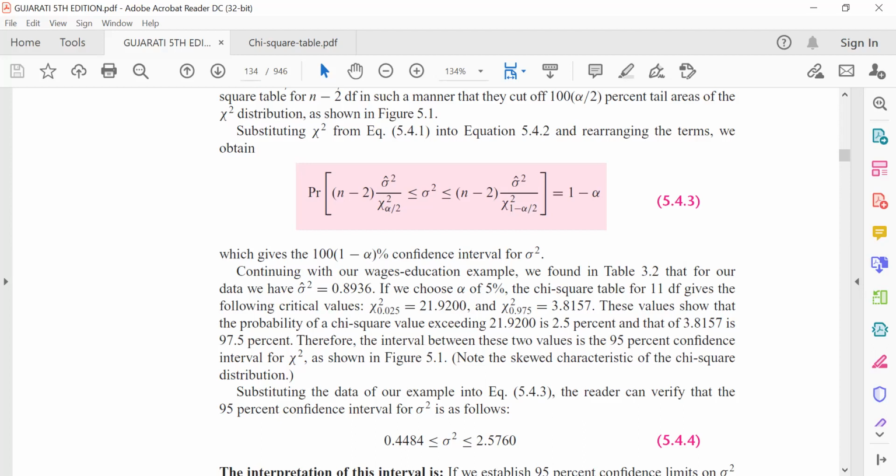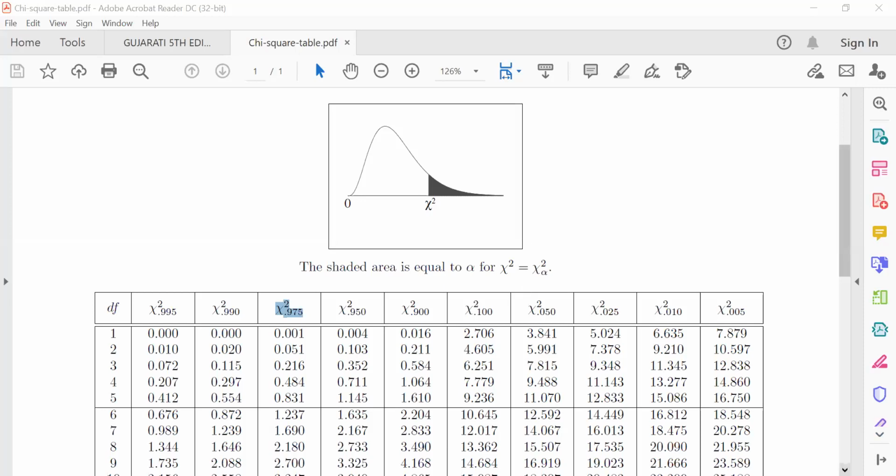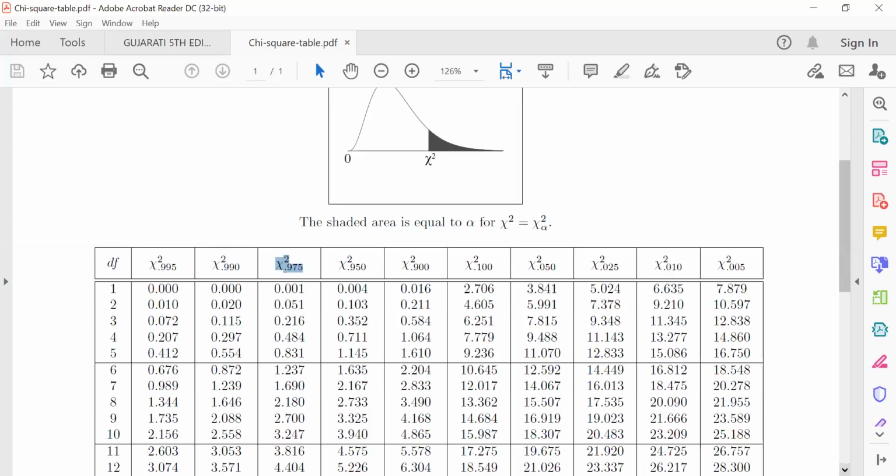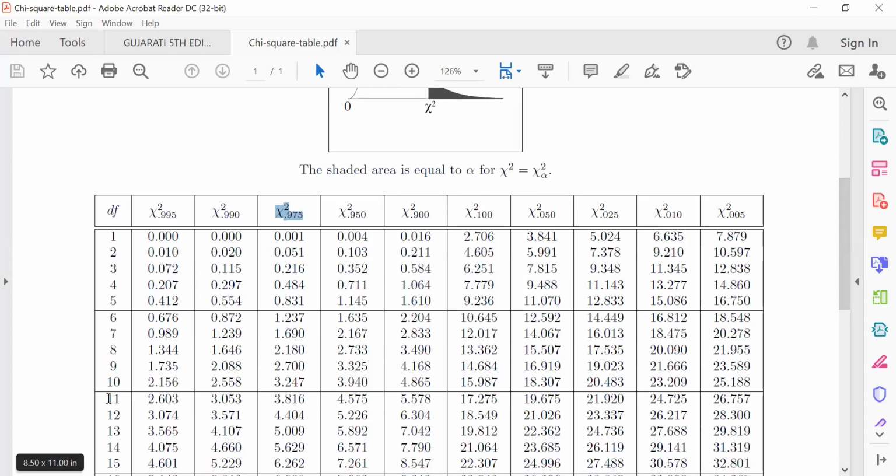Okay, I will show you this table. We have 11 degrees of freedom here. This is the critical value for 97.5%, and we have 21.92 for 2.5%.